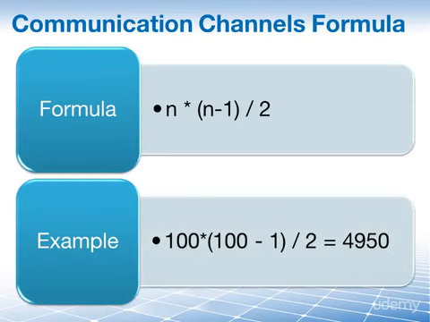So if N is 100, that means 100 times 100 minus 1 divided by 2 equals 4,950 communications that need to happen at your party. That is going to be a long party. But as you can see, applying the formula is very easy. All you have to know is how many people are in the group. That's N. Plug N into the formula and you have your result.